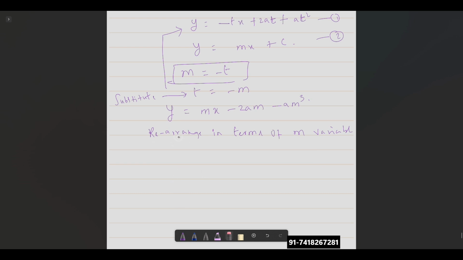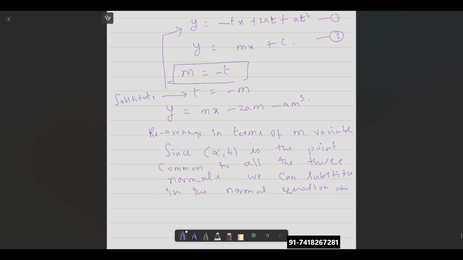Since the point (alpha, beta) is the point common to all the three normals, we can substitute in the normal equation above.